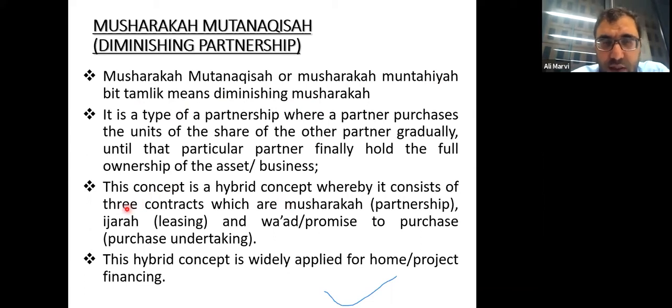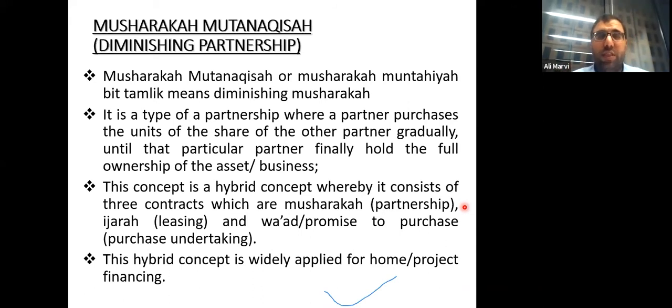And this concept is a hybrid concept whereby it consists of three contracts, which are musharika, partnership, ijara, leasing, and wad, or promise to purchase, or purchase undertaking. And actually, this hybrid concept is widely applied for home or project financing.